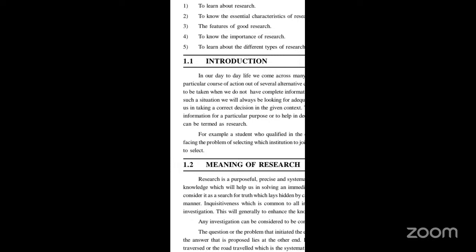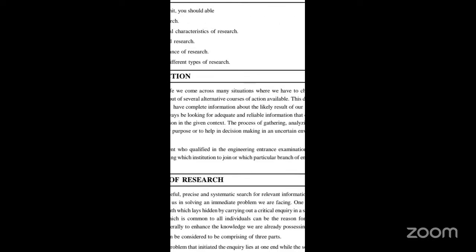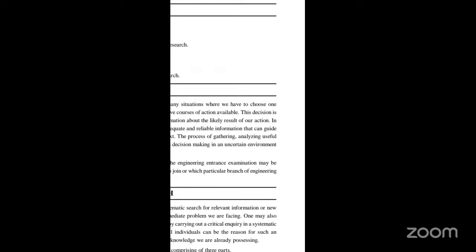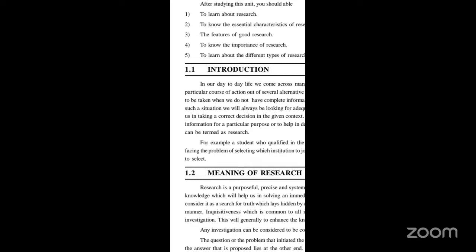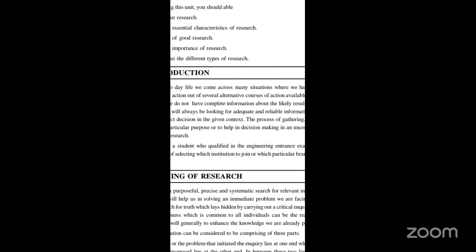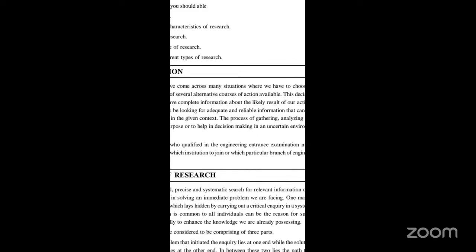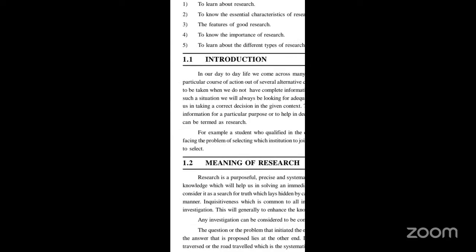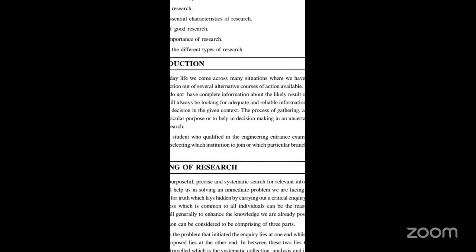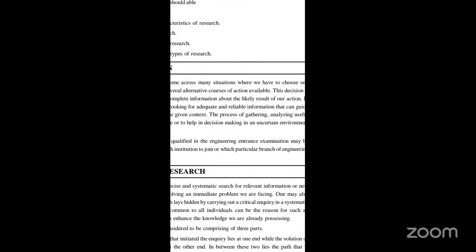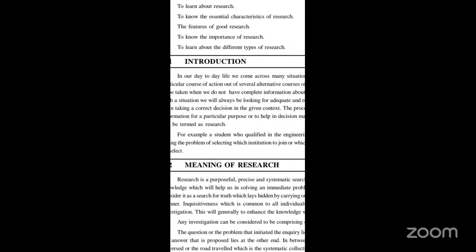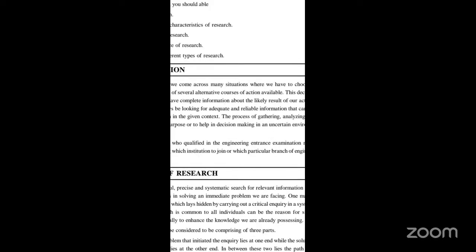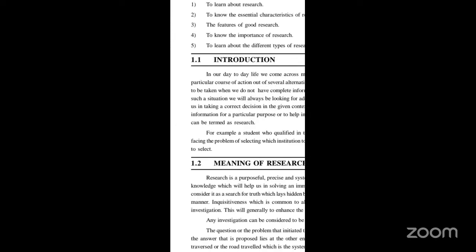In our day-to-day life, we come across many situations where we have to choose one particular course of action out of several alternative courses of action available. This decision is to be taken when we do not have complete information about the likely result of our action. In such a situation, we will always be looking for adequate and reliable information that can guide us in taking a correct decision in the given context.